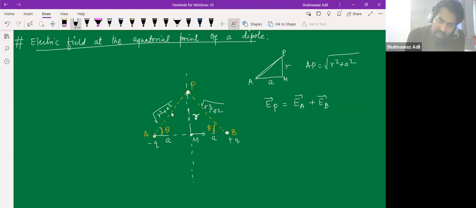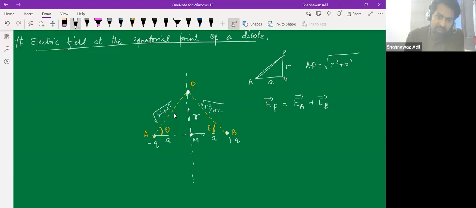Okay. So now we are calculating the electric field due to A. Due to minus Q, would that be attractive or repulsive? Where would be the direction, towards A or away from A? What's the charge on P? It's E. We always assume that the test charge is positive, right?